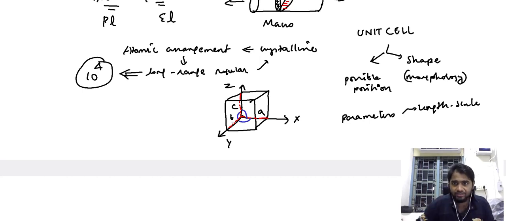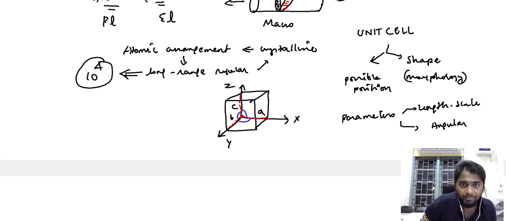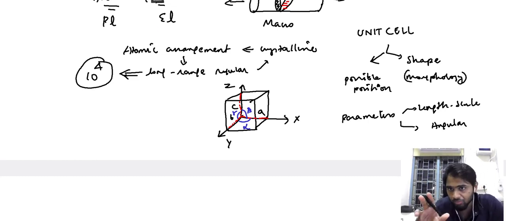So, to describe the morphology of the unit cell, we need 2 parameters. One is a length scale parameter, the other is the angular parameter. The length scale parameters are referred to as A, B and C. The angular parameters are referred to as alpha, beta and gamma. So, we have a combination of length scale parameters and angular parameters to describe the shape of the unit cell.